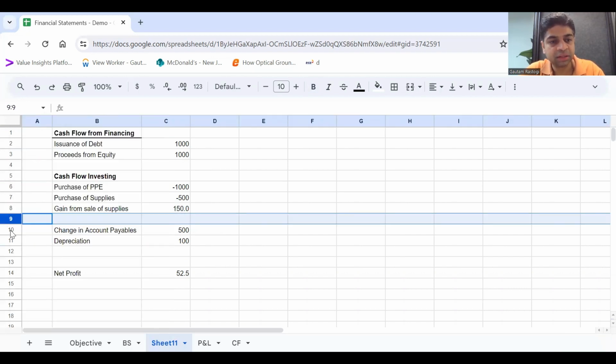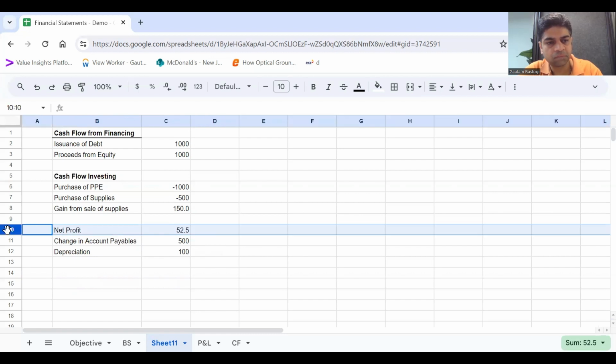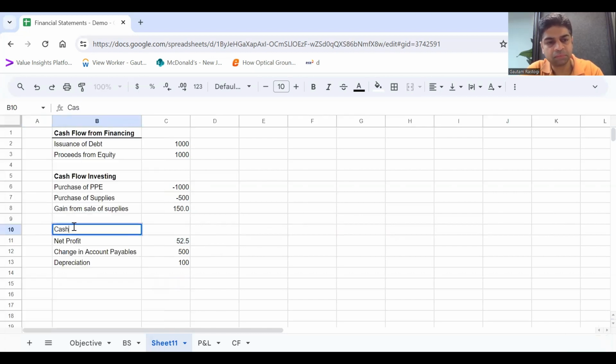And then these last three items, these are cash flow from operations. Operations really, it's the business that you do.